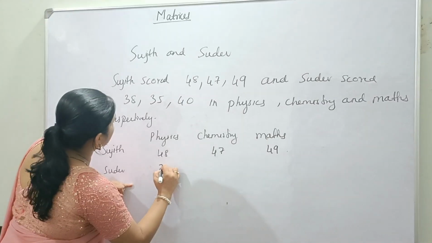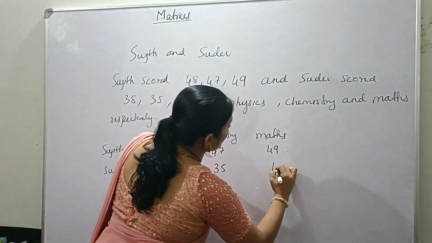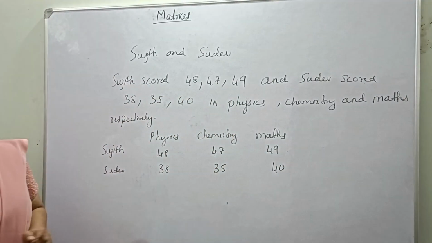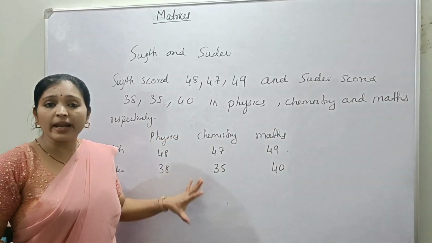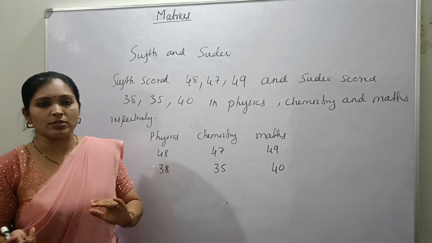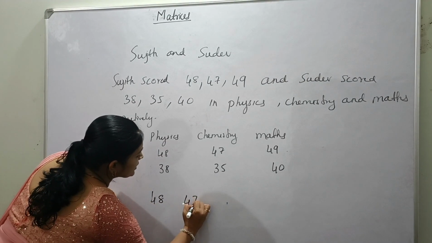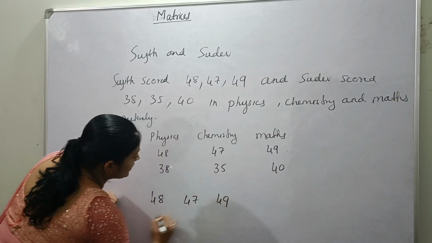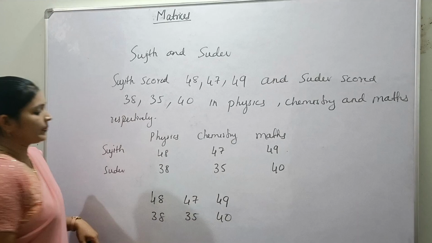Sudev scored 38 in physics, 35 in chemistry, 40 in maths. Now we can rewrite this information with rows and columns. That is 48, 47, 49, 38, 35, 40.